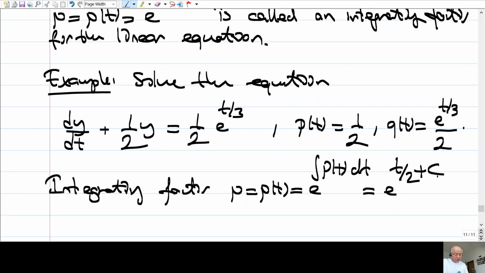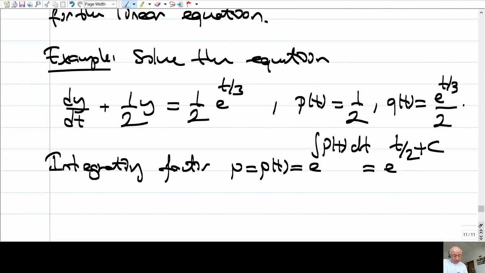And you see, any choice of c will give you one integrating factor. But all I need is just a single one. Therefore, I can give any value I want to c. To make life simpler, we just choose c to be 0 so that we get something simple.